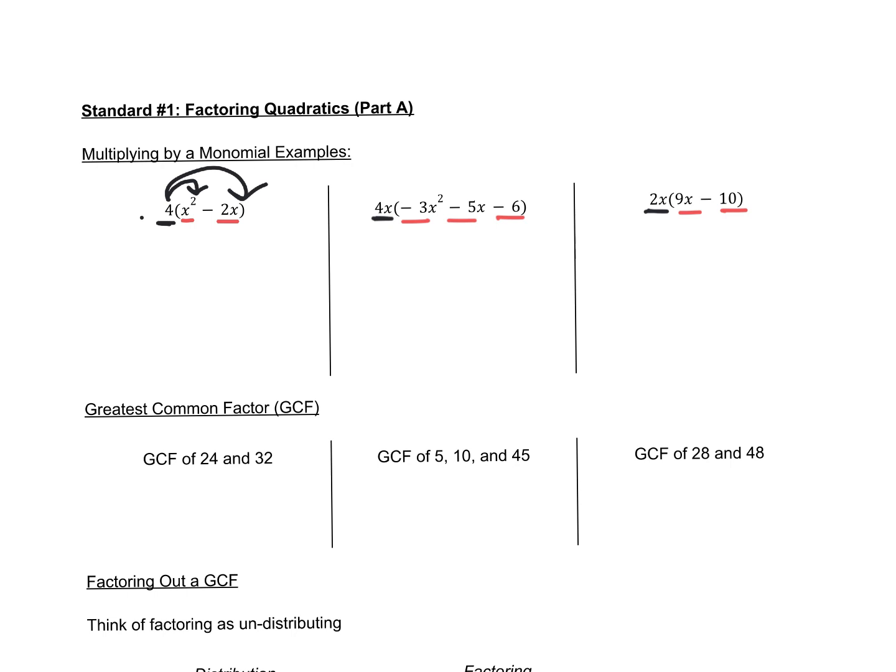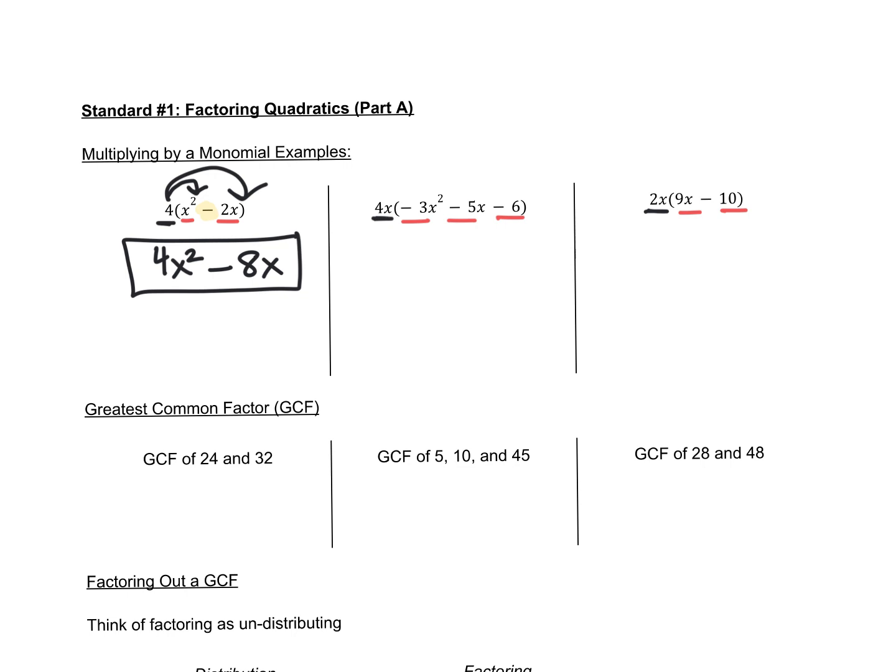So when we multiply, we do 4 multiplied by x squared, and that gives us 4x squared. And then we do 4 times negative 2x, and that gives us negative 8x. And this is our final answer. So the final answer has no parentheses in it, and any like terms are combined.